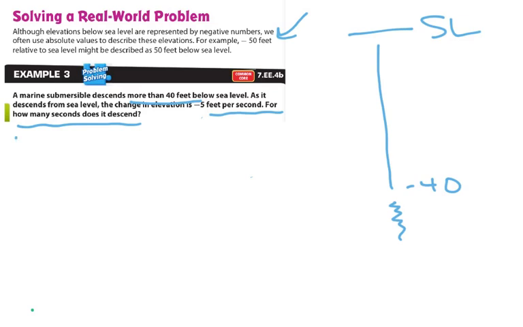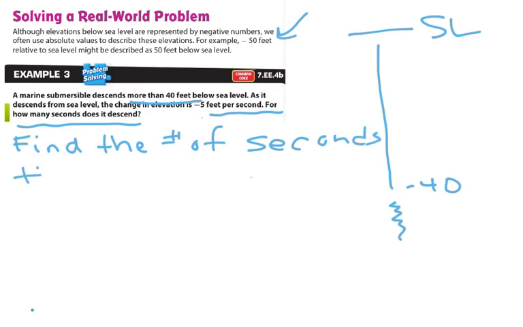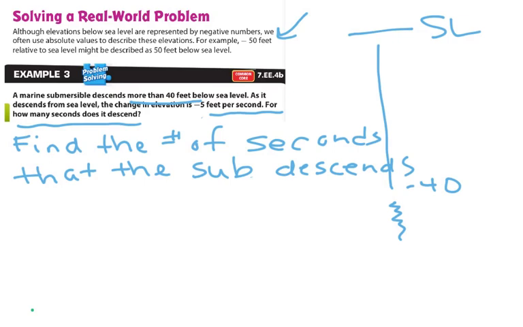What we're looking to do is find the number of seconds that the sub descends below sea level. Okay? Below sea level. And so that will help us to think through all of this, okay? We want to find the number of seconds that the sub descends below sea level.